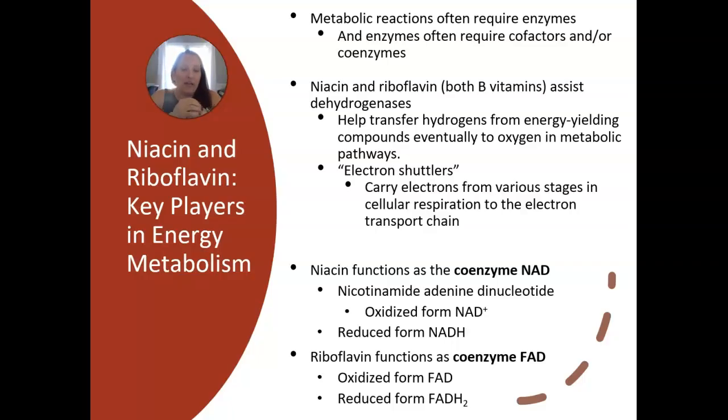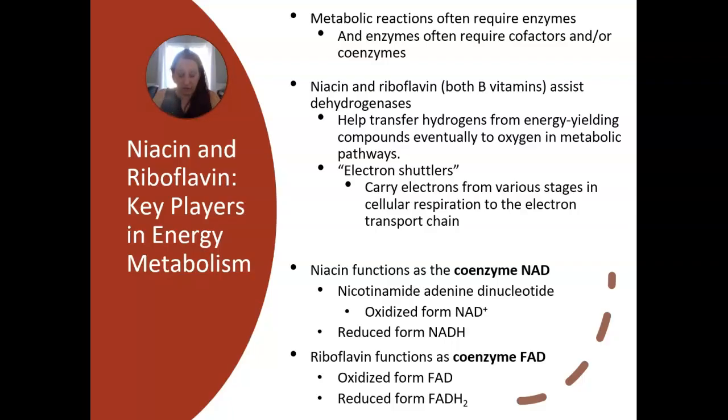The second key player, riboflavin, functions as a coenzyme called FAD. The oxidized form is just FAD. The reduced form, when it picks up electrons and is carrying them, is called FADH2. These are very, very important molecules. NADH plays a bigger role than FADH2, but we will mention both of them.